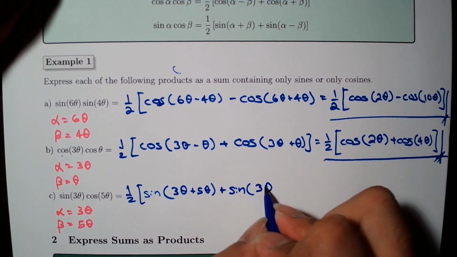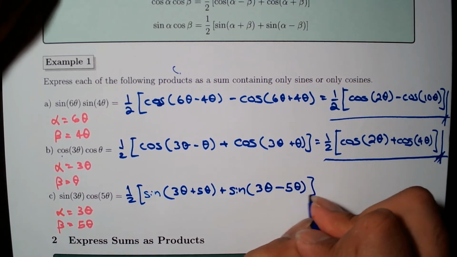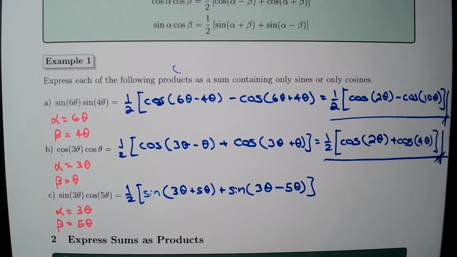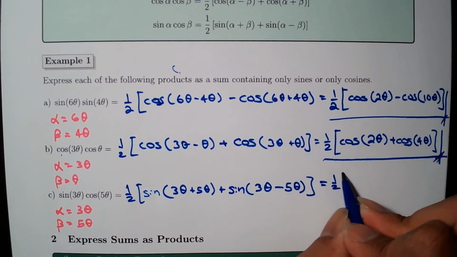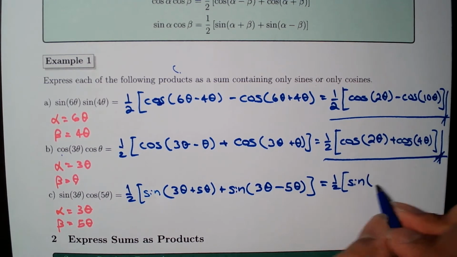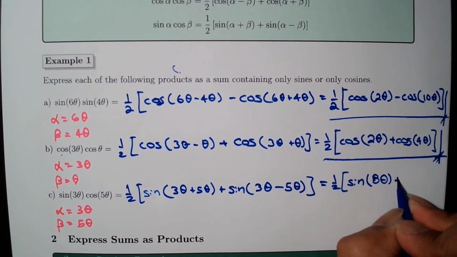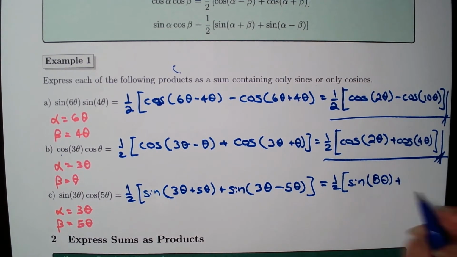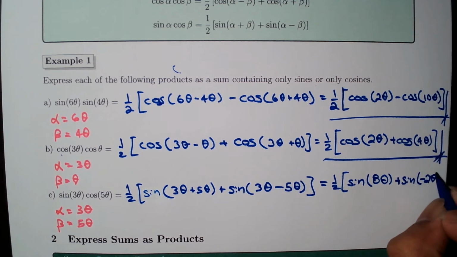Be careful what's going to happen here. That's why I like this example, because we're going to use the even-odd properties, going one step further than the previous couple of examples. So that's 1/2 of sine of 3 theta plus 5 theta, that's 8 theta, plus sine of 3 theta minus 5 theta, that's sine of negative 2 theta.